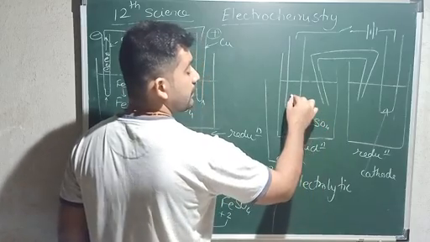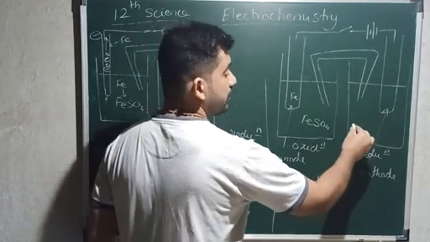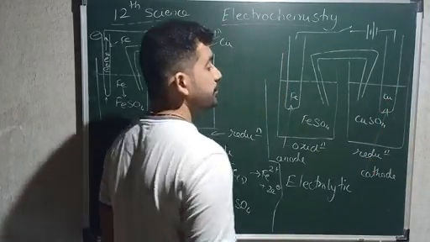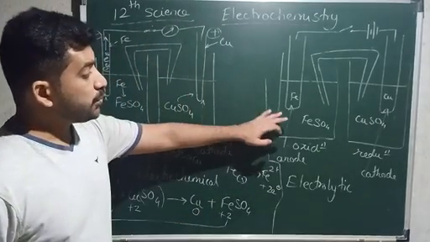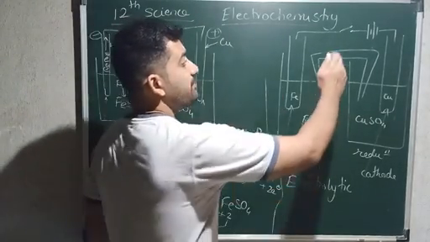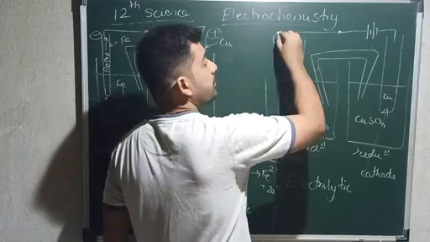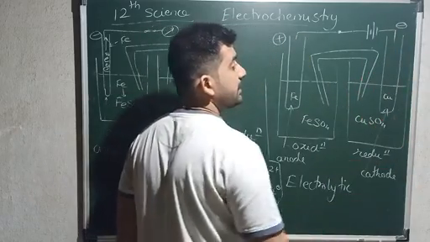FeSO4, here we will have Fe electrode, CuSO4 and Cu electrode. The same process will take place, but this anode will have positive charge and cathode will have negative charge.